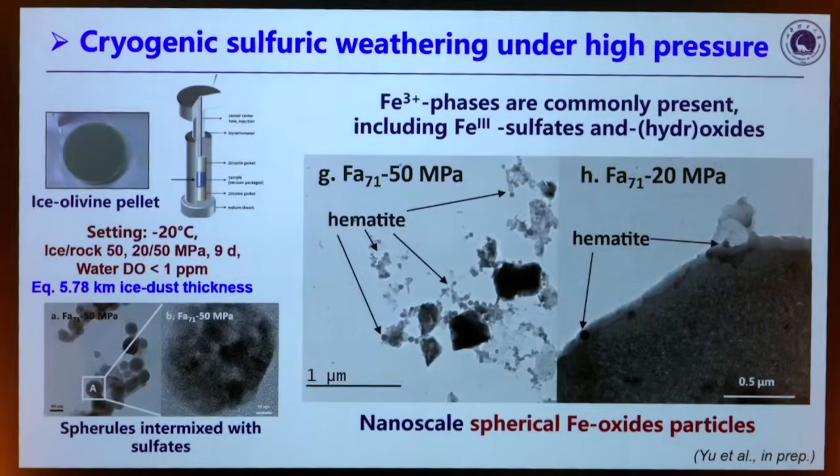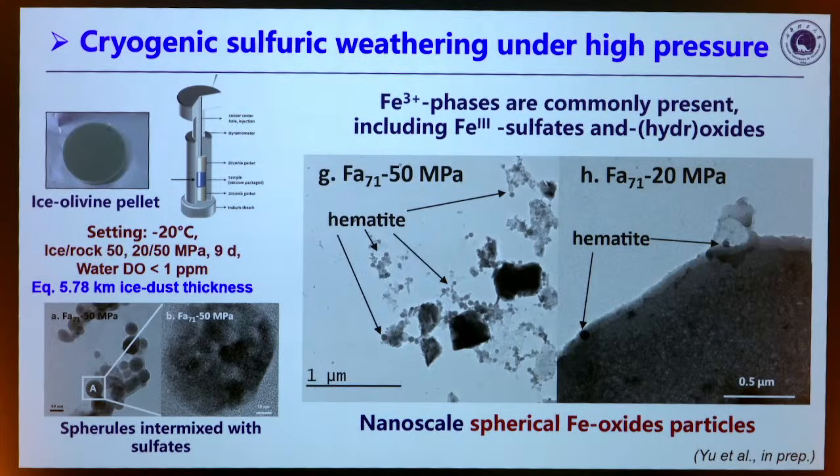We also tried another scenario: in the icy highlands, maybe we will have some ash and ice that are compact and under high pressure, and what will happen to the olivine? We designed this experiment, and unexpectedly, even under very anoxic conditions, we find Fe3+ phases are commonly present in our products.